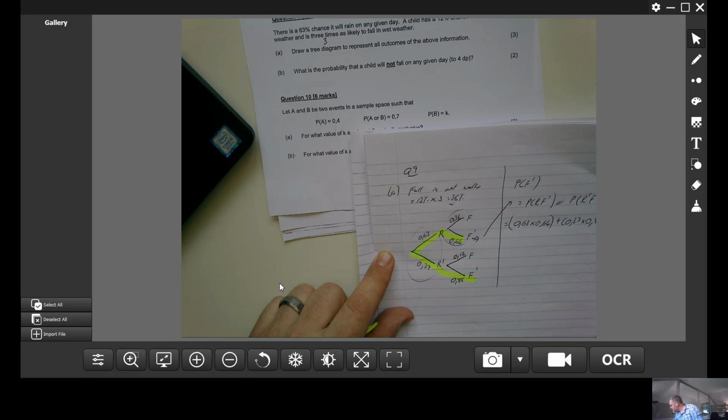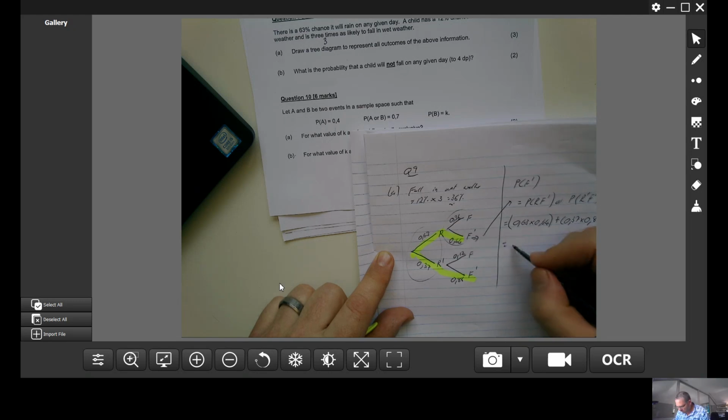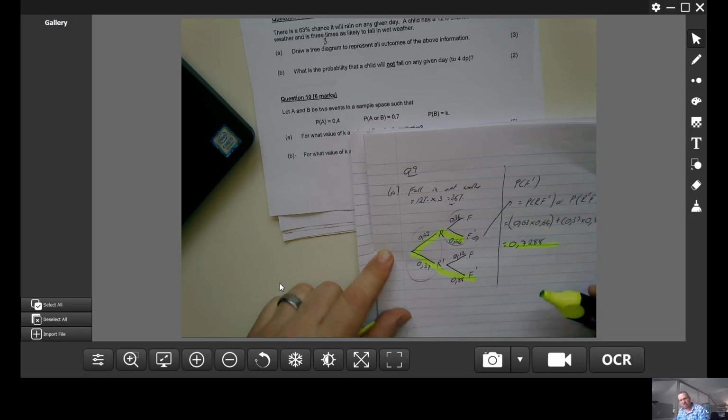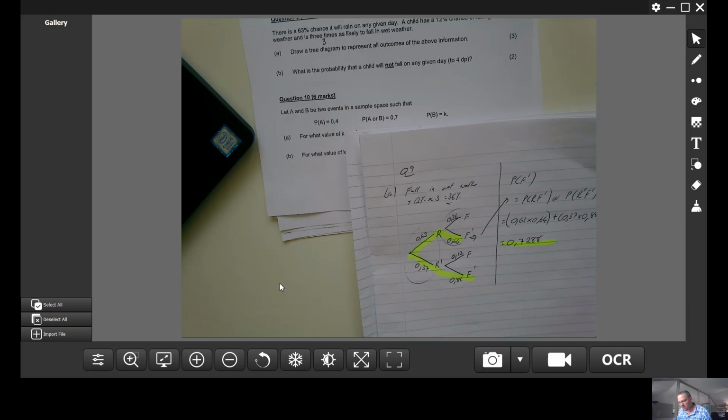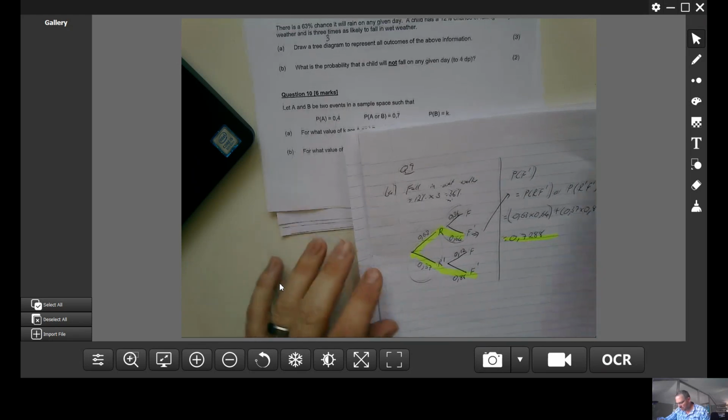And if you shove that all into a calculator, you should get an answer of 0.7288.